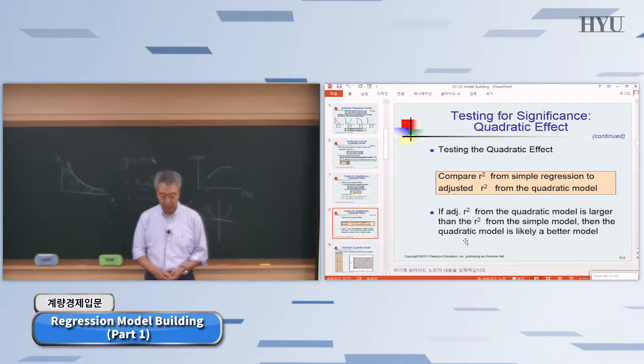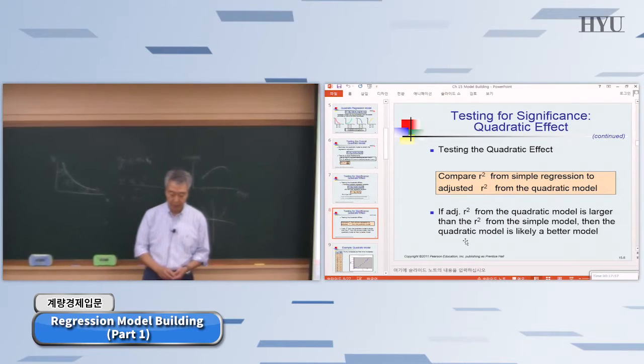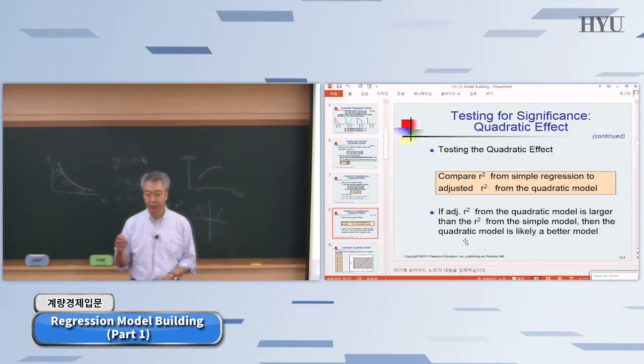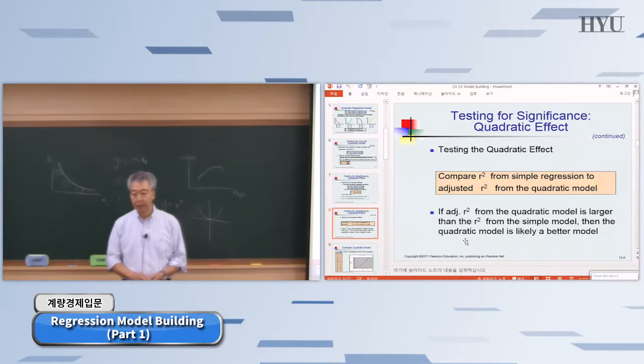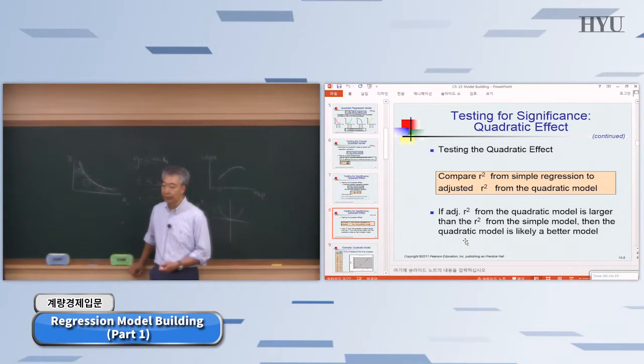Another way to test the quadratic effect is comparing the R square from the simple regression to the adjusted R square from the quadratic model. You remember the concept of adjusted R square? Adjusted R square adjusts the R square based on the number of independent variables. Because the nature of multiple regression is that as you increase the number of independent variables, R square always increases, even if you include some independent variables that are completely nonsense, completely unrelated to the actual dependent variable.